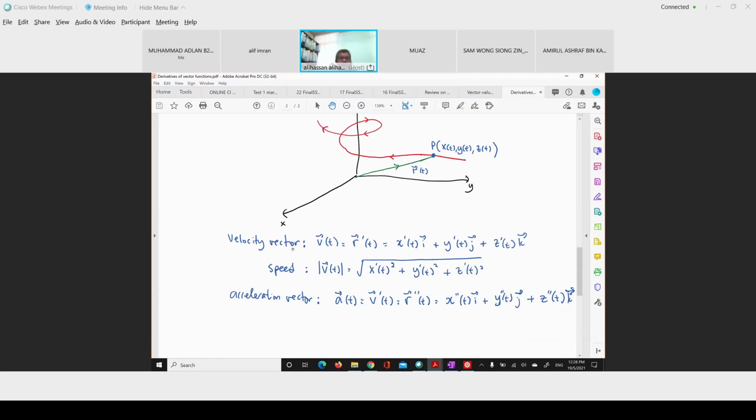From the velocity vector, we can differentiate to get the acceleration vector a t. So a t is v prime t, or also equal to r double prime t, and the result is as shown here.